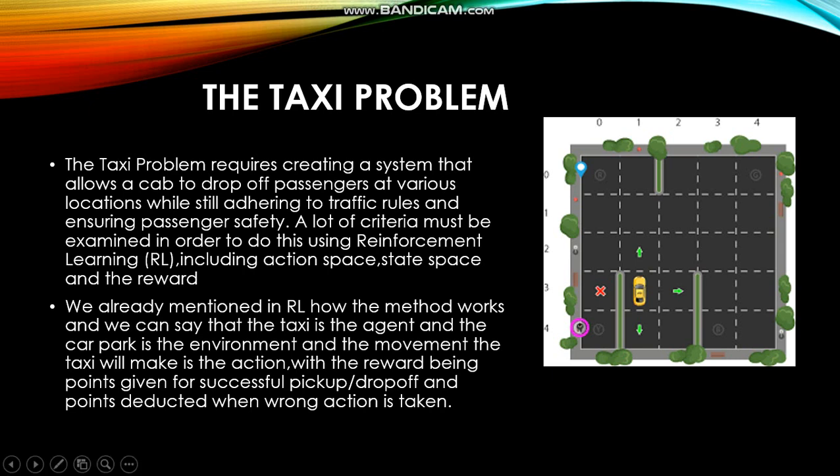So we have, for example, in this image which I got from the internet, we can see that the person is here and the drop off location is here, and we can see these block lines are walls. So literally we'll use the Q-learning algorithm to try and maximize the rewards for this taxi, which could be a point for a successful pickup and a successful drop off of the passenger from this point Y to this point R. We say it's red, green, blue, and yellow.